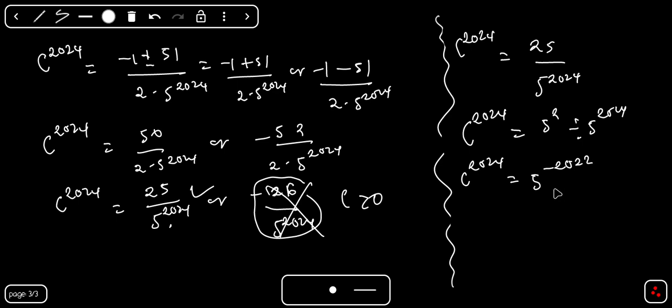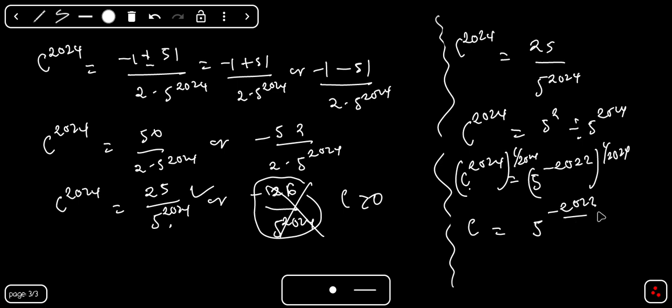Okay, so let's move on, guys. If you want to find c, just raise both sides to the power of 1 over 2024. So we're going to have c equals 5 raised to the power of minus 2022 over 2024.